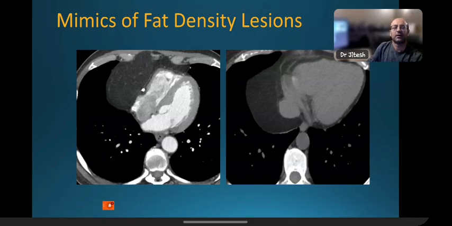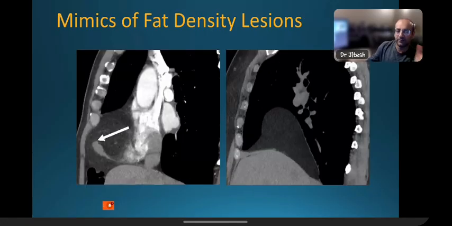These are examples of some mimics of fat density lesion within the prevascular mediastinum. So we can see this is a fat-containing mass. In this example on the left side, we can see there is a small vessel within this mass, whereas this lesion on the right side looks like a more homogeneous fat-containing lesion. On the left side, we see the coronal reformat and sagittal reformat, and this patient is showing a defect in the anterior diaphragm.